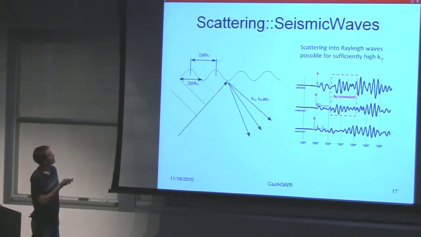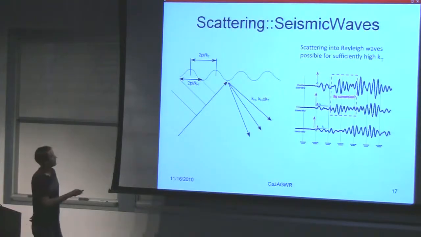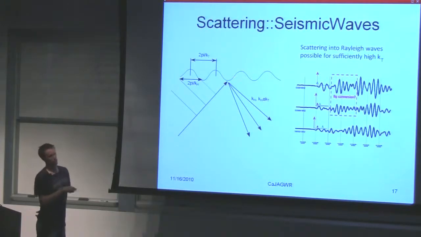And now this wave will be scattered into 3 different components, or reflected, so you have the specular reflection, but also a plus minus kt component. And now you can see that if this kt is large enough, then it will scatter into an evanescent field. And also you actually have 2 sets of these, because you also partially convert into shear waves. So that's the complete complexity of the problem.